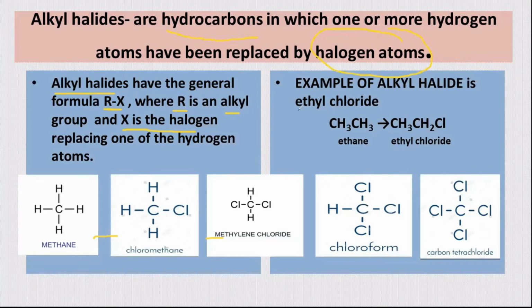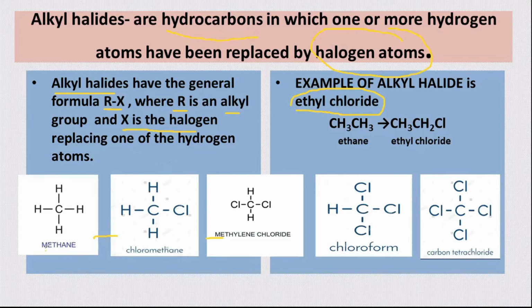An example of an alkyl halide is ethyl chloride, which is used as a spray-on local anesthetic to treat athletic injuries. Here are other examples of alkyl halides and their corresponding hydrocarbon origin.